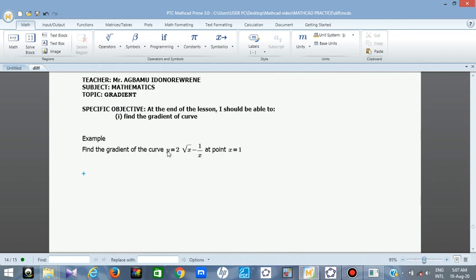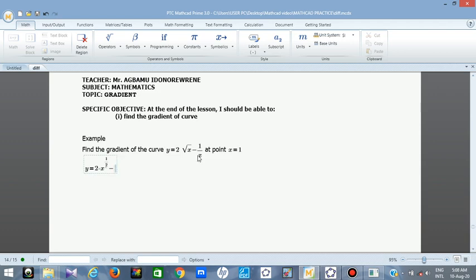So to start now, all we need to do is to differentiate this function of y, which is y equals to, so let's turn it to index form first. This is 2 root x, so I'm going to have 2x raised to power 1 over 2, minus, so now be minus 1.